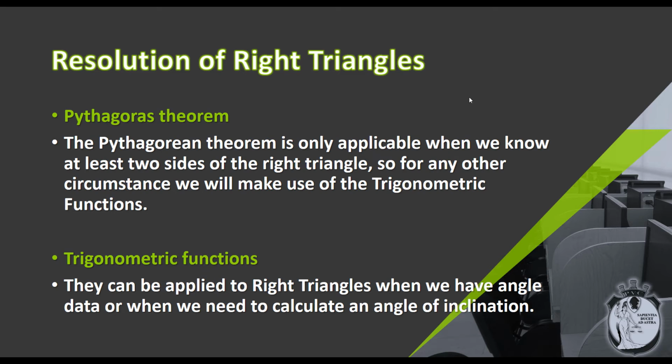Okay, now we will use the trigonometric functions to solve right triangles. Okay, the right triangles can be solved by the Pythagoras theorem, but you need to have two sides of one right triangle. But you can use an angle and one side using the trigonometric functions to solve those triangles.